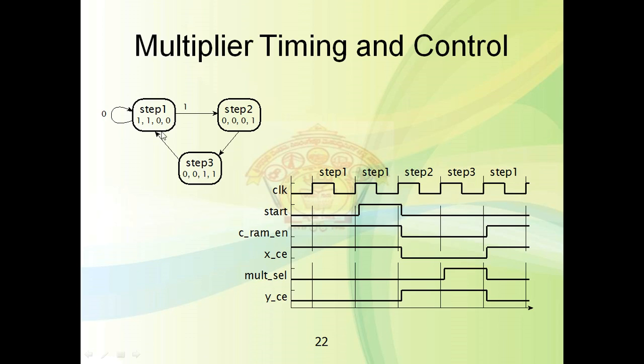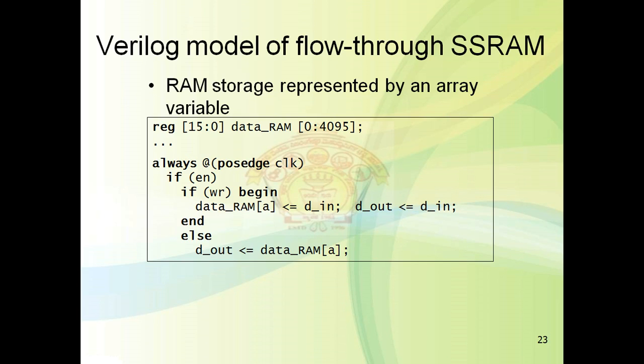Okay, so this is the finite state machine, and this is a Moore style machine. Already you know the Mealy machine and Moore machine, so this will be the Moore type machine. Okay, so this is about the coefficient multiplier. I think we will get this coefficient multiplier, and then we will go towards the next point, that is the Verilog model of flow through SRAM.